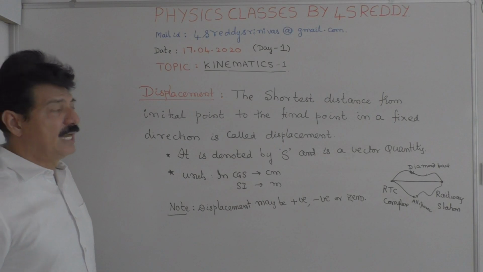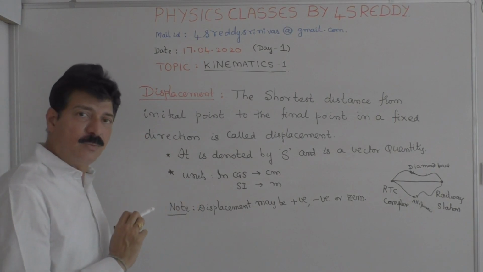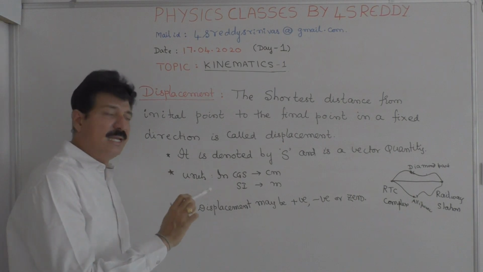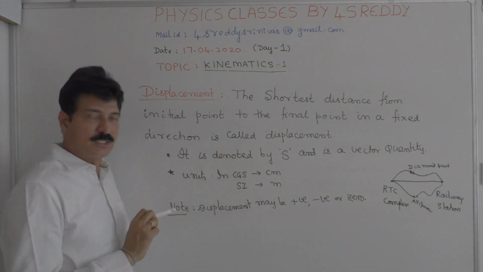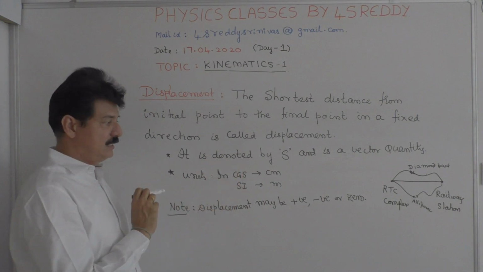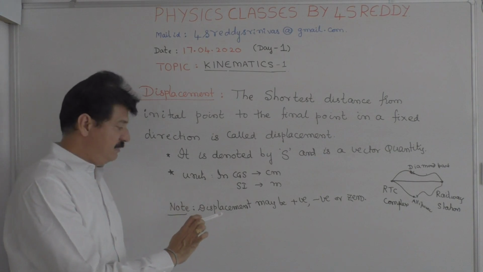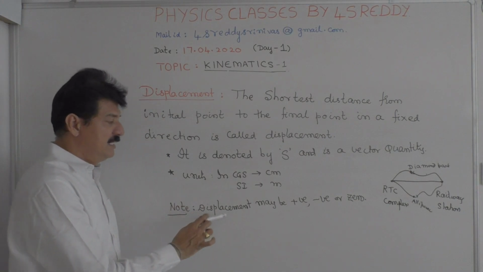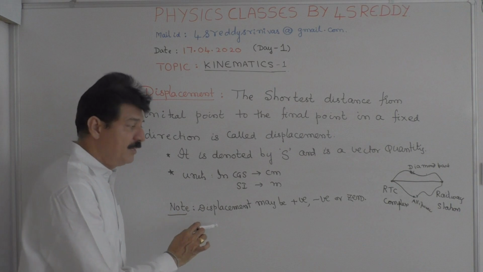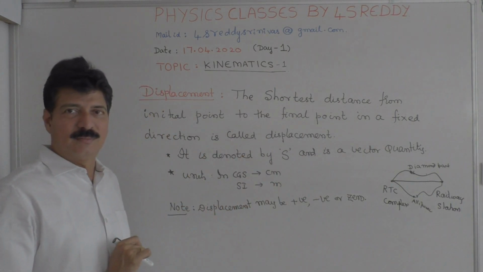So the shortest distance from the initial point to the final point in a fixed direction is called displacement. It is denoted by capital S and is a vector quantity. The units in CGS are centimeters, in the SI system meters. And the key point here: displacement may be positive, negative or 0.